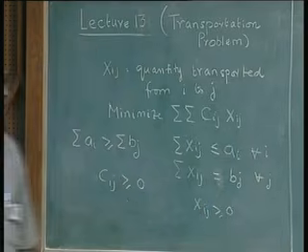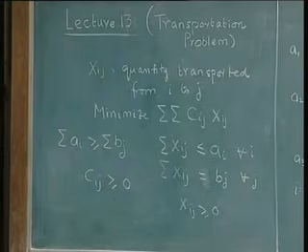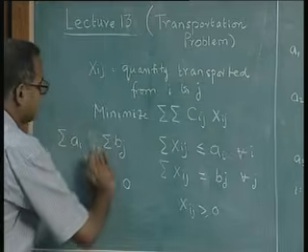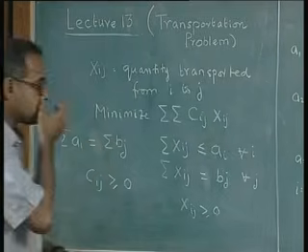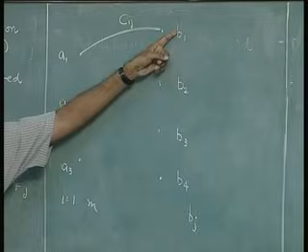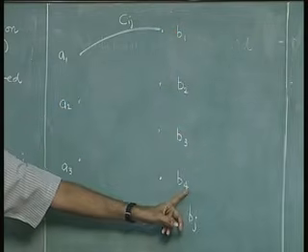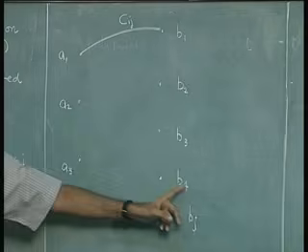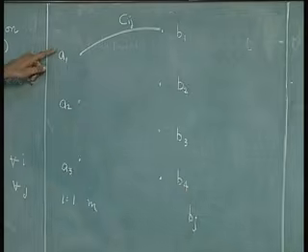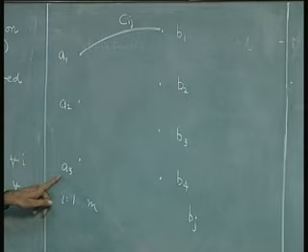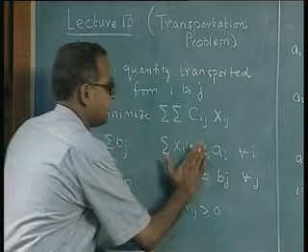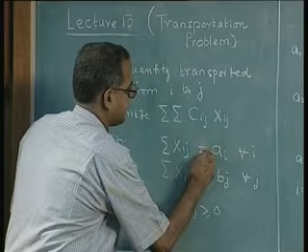Now, if we consider a very special case where sigma Ai is equal to sigma Bj, then we will not only meet the exact requirement of every destination point, but we would also be utilizing all that is available as far as each of the supply points is concerned, which means this inequality also becomes an equation.